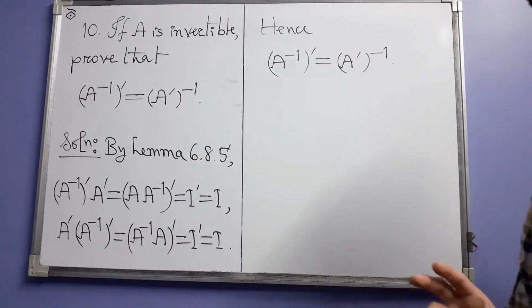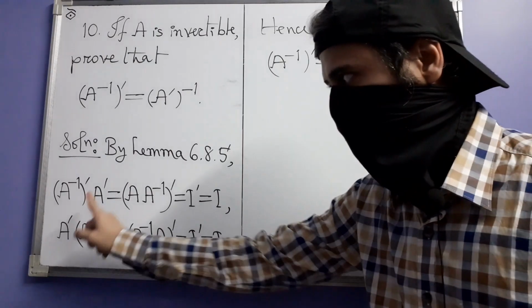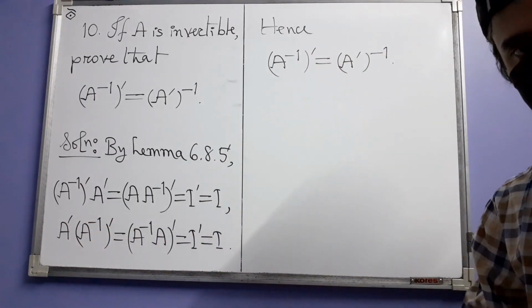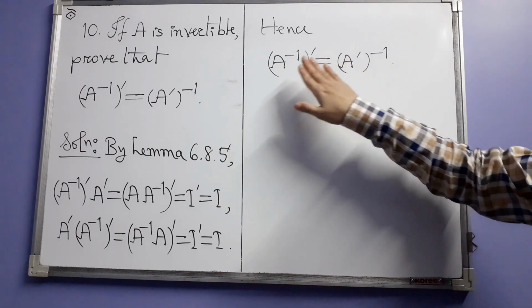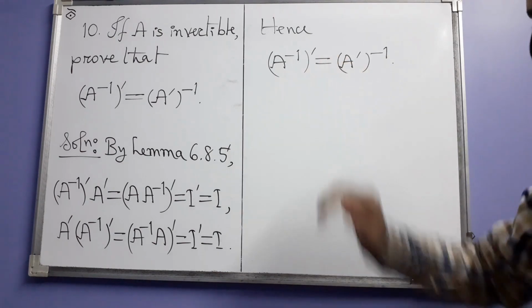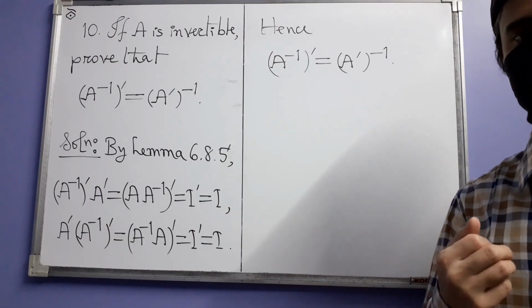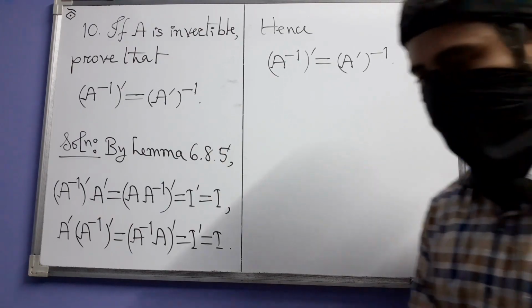These two equations tell us, first of all, that A transpose is also invertible. And the second thing is that its inverse is nothing but this, because the inverse of a matrix, whenever it exists, is unique. Okay, so that's how we have this solution.